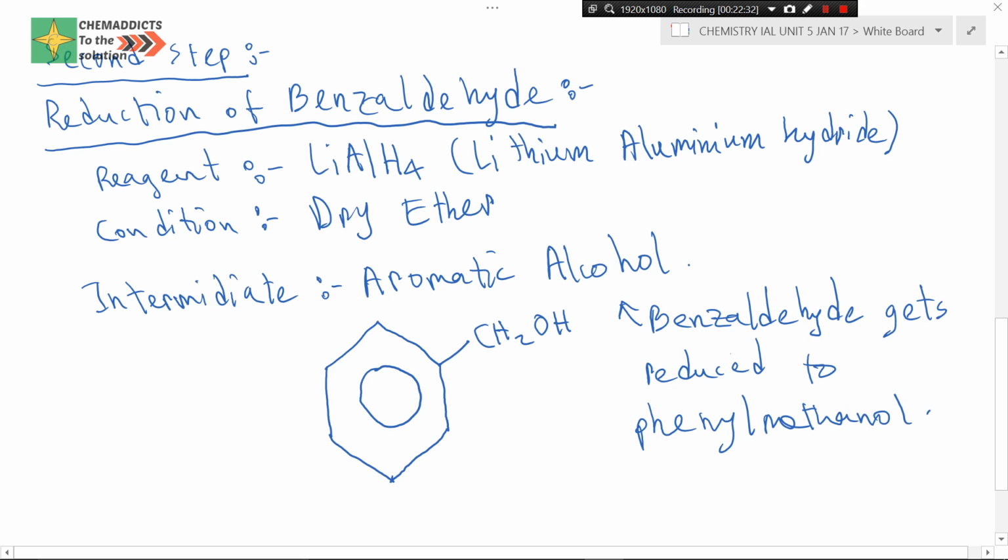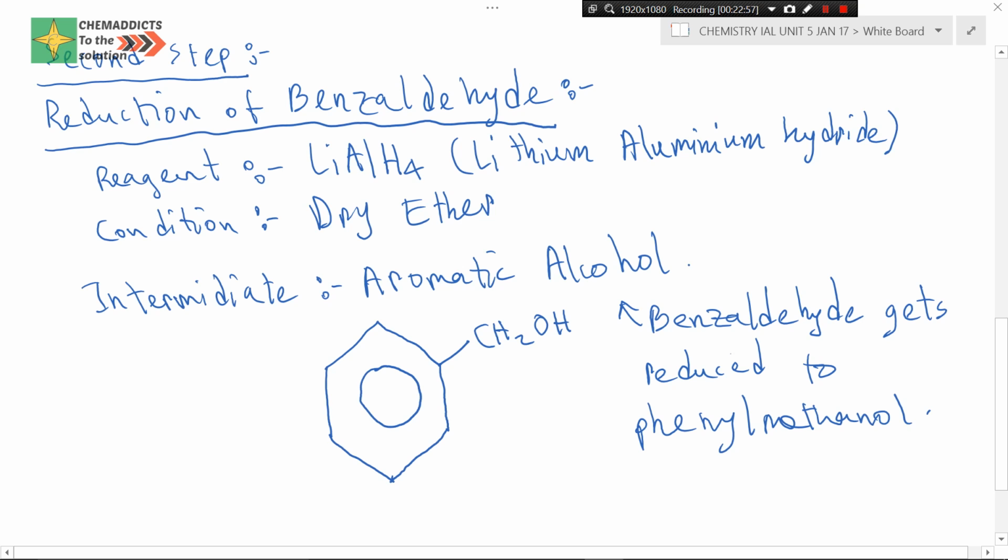As you can see, we have carried out oxidation of benzaldehyde and reduction of benzaldehyde, so oxidation and reduction of the same compound.